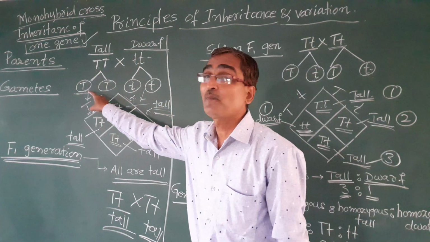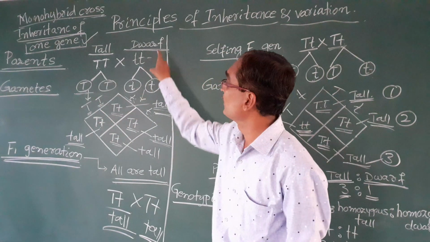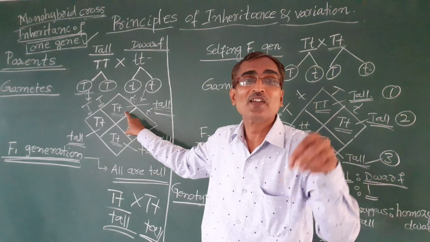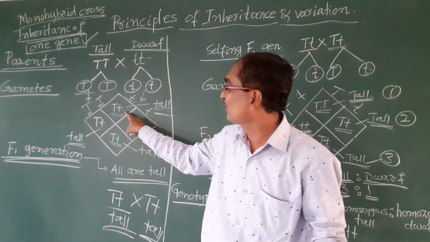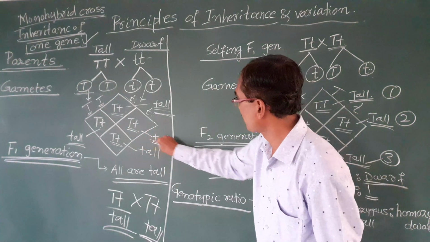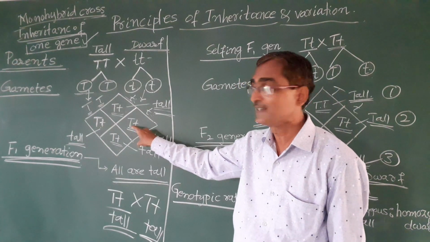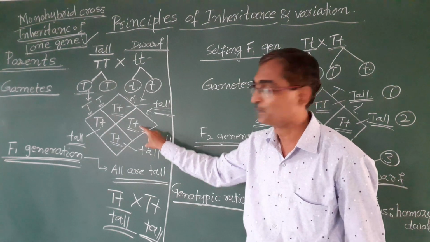So the tall plant expresses itself, but small t, that is dwarf, will not express here, so it is recessive. A recessive character is one which does not express itself. Here also capital T, small t, it is also tall because capital T expresses tallness, and small t, dwarf, will not express and is recessive.